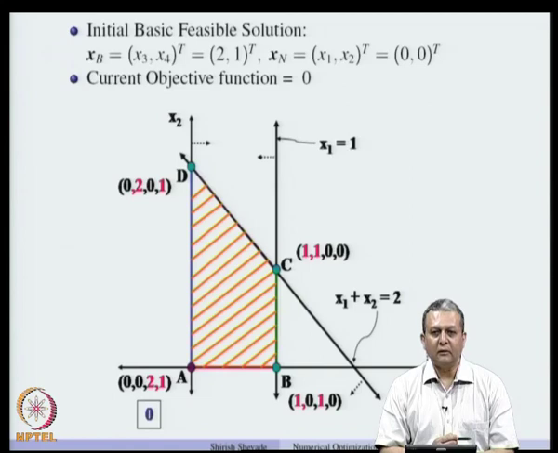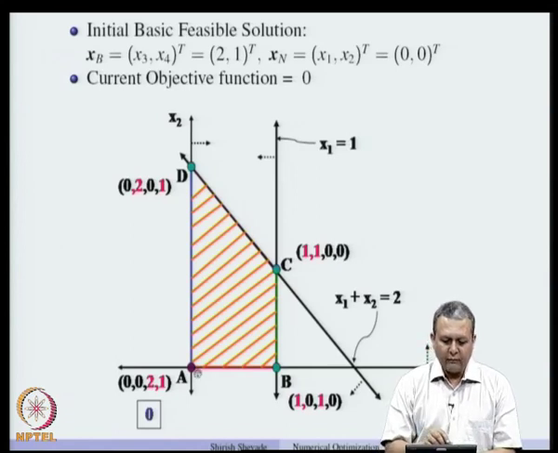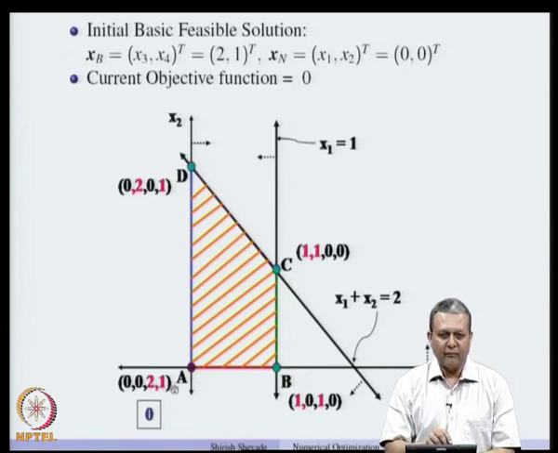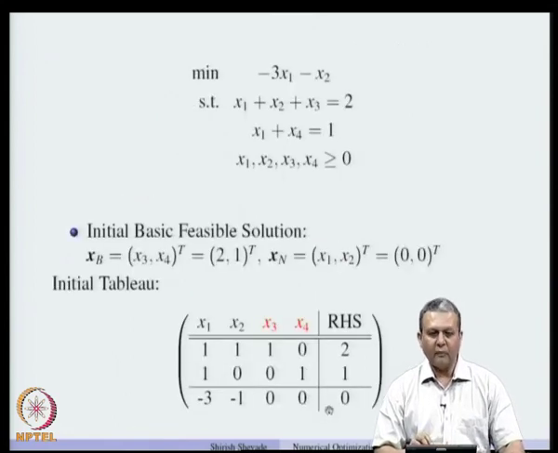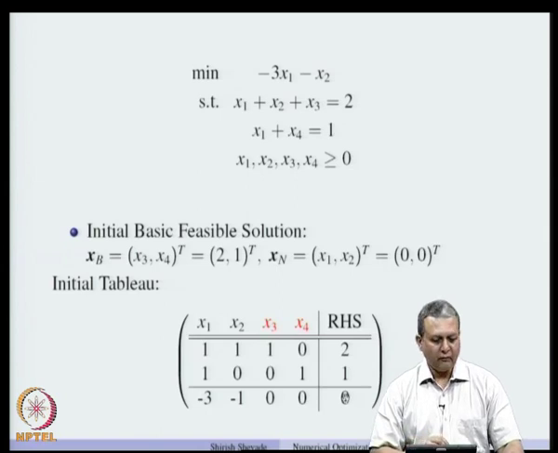So, let us start considering the steps that we discussed in the last class. Before we go into the details, I just want to mention that this is the current point where x3 and x4 are the basic variables and their values are 2 and 1 respectively, and the non-basic variables are x1 and x2, and the objective function is 0. This was clear from the initial tableau: the basic variable x3 has a value 2, x4 has a value 1, and the objective function value is 0 at the current point.